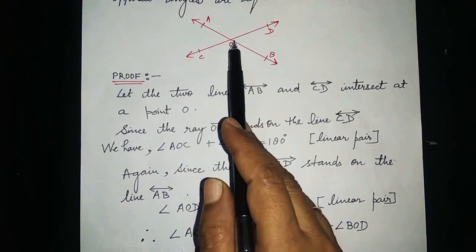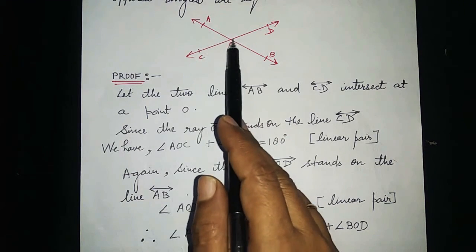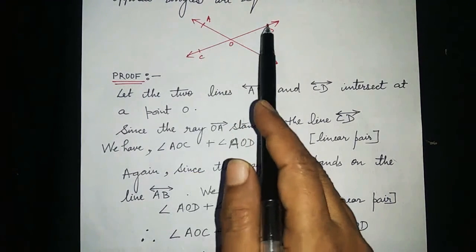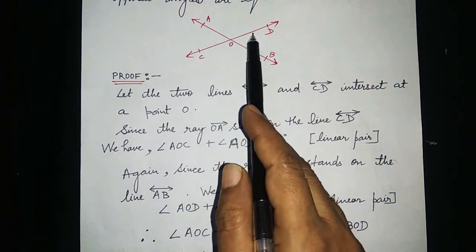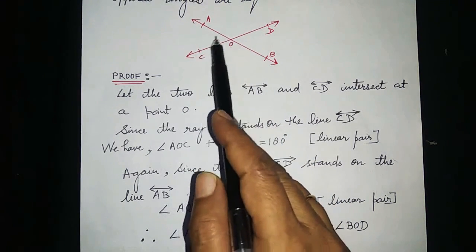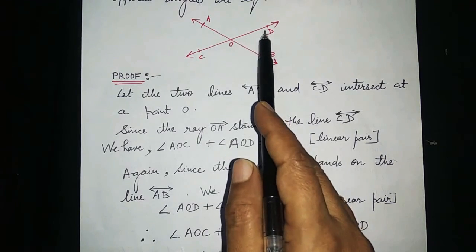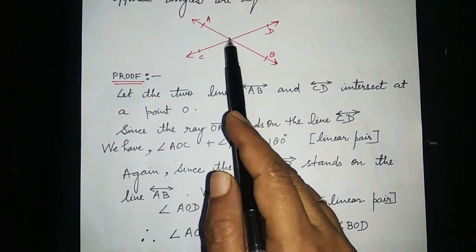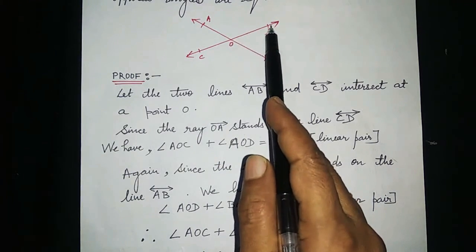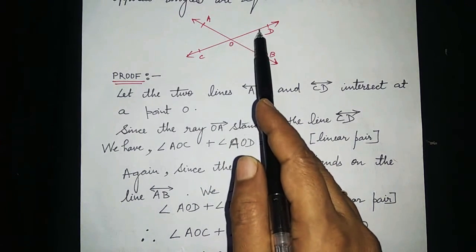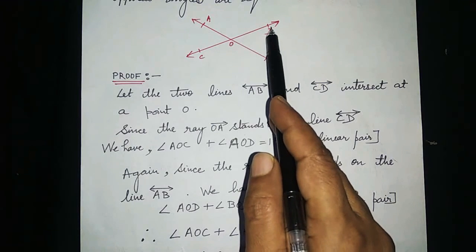And here you can see that ray OA is on the line CD. Okay, and you can see here two angles on the line CD, angle AOC and angle AOD. They both form a linear pair on this straight line.